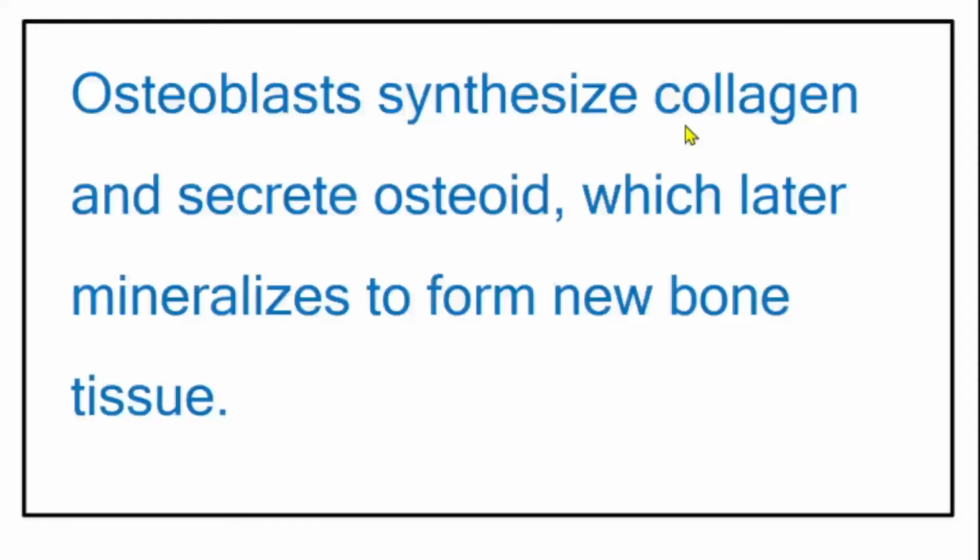Osteoblasts synthesize collagen and secrete osteoid. That is an important term, osteoid, which later mineralizes to form new bone tissue. Mineralize means with the help of calcium and phosphate, it gets hardened. That is known as mineralization.